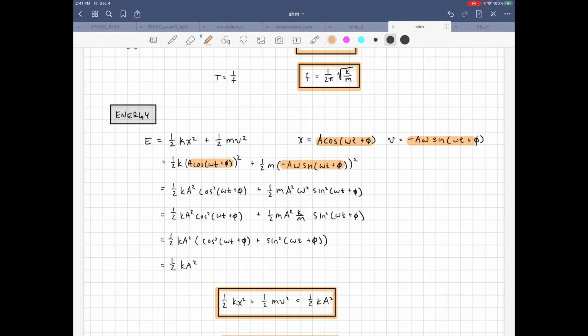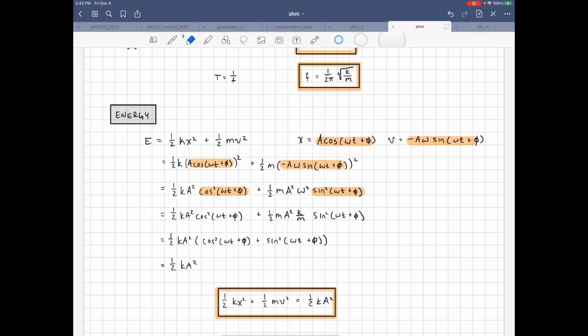and now all I'm going to do is just move around some of the terms. So we still have the cosine squared term, still have the sine squared term. You'll notice that I've squared both A and omega, so they got squared. M stays out front, so it's not squared.